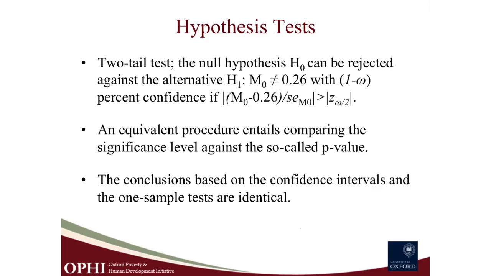So depending on the alternative to your guess, the type of test you will be doing is different. But I think we don't have the time, or the right session, to go into more detail about that. If you are interested in hypothesis tests, you can go to the appropriate literature.